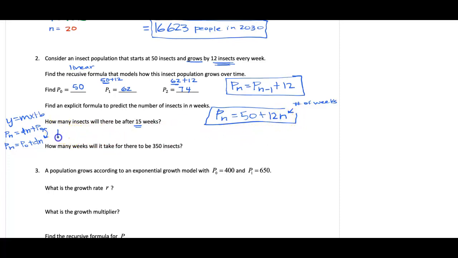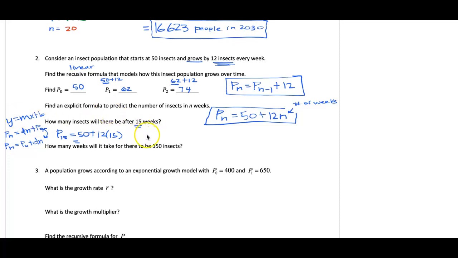So, usually the way they write it is like this: p sub 15 equals 50 plus 12 times 15. All right, and that is just telling us that this is at the 15th week. So go ahead and multiply that and add those together. What do you come up with there? 230?